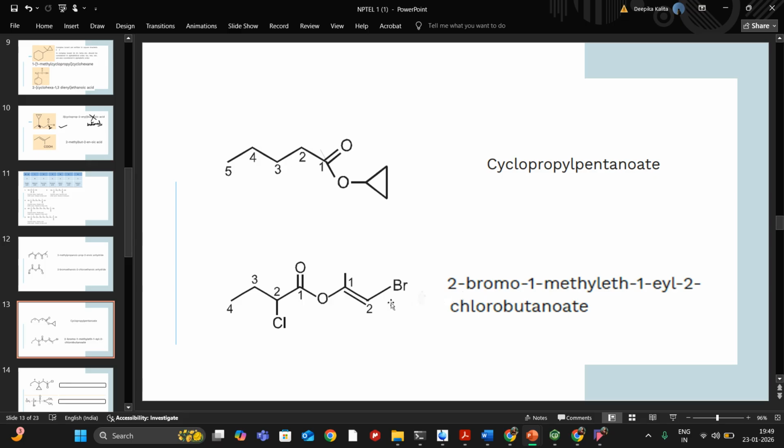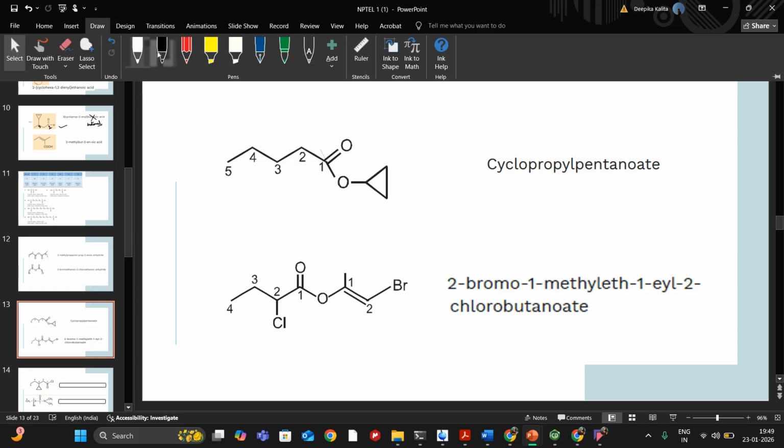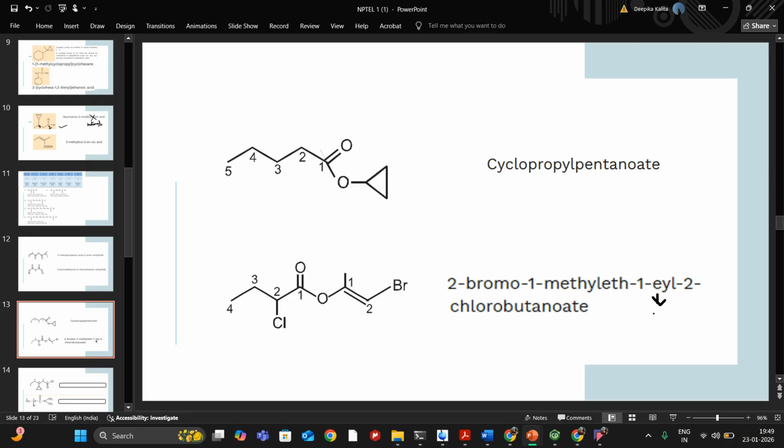2-bromo-1-methyleth-1-enyl. This will be carbon number 1. So 1-methyl, 2-bromo.